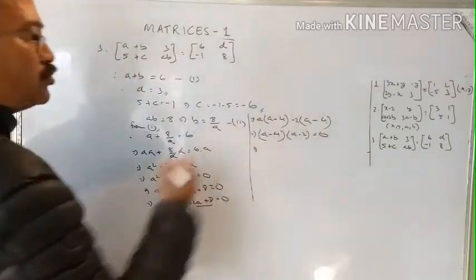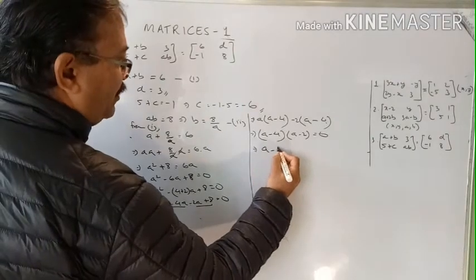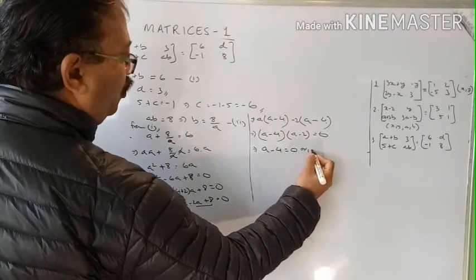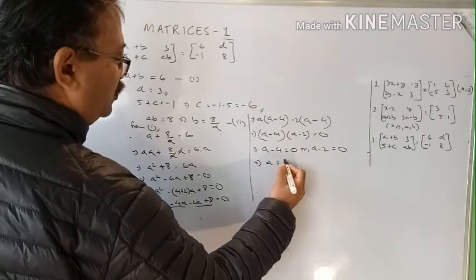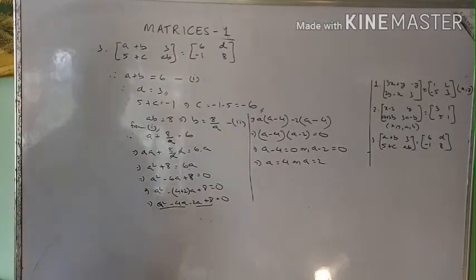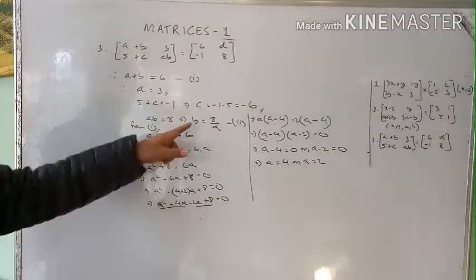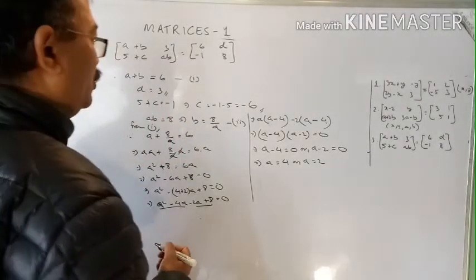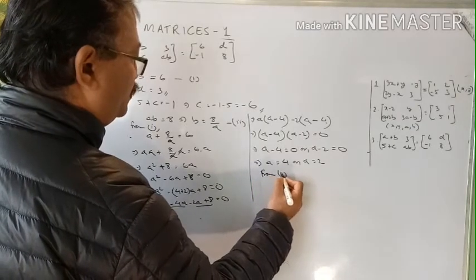Apply the zero product rule: either the first factor is 0 or the second is 0. So either a minus 4 equals 0 or a minus 2 equals 0. This gives a equal to 4 or a equal to 2. So we got two values of a. Now for each value of a, we find the value of b from equation 2.